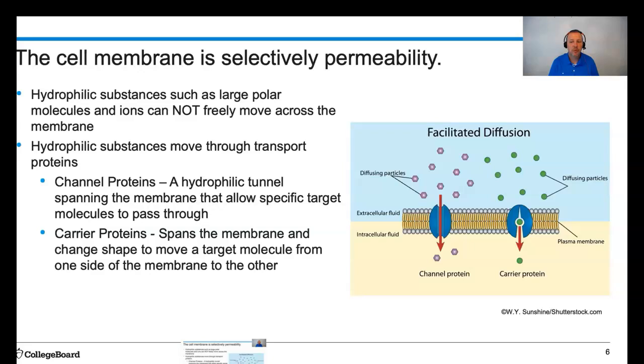It's a hole in the protein and things are flowing through it. The carrier protein grabs it from one side and dumps it to the other. So it grabs it, let's say, from the outside environment and throws it into the inside environment or vice versa. Okay? Not necessarily. If it's down its concentration gradient, not necessarily.